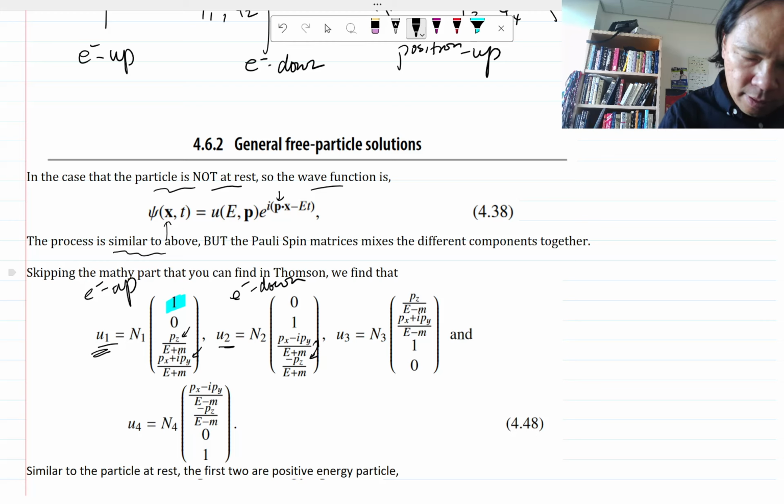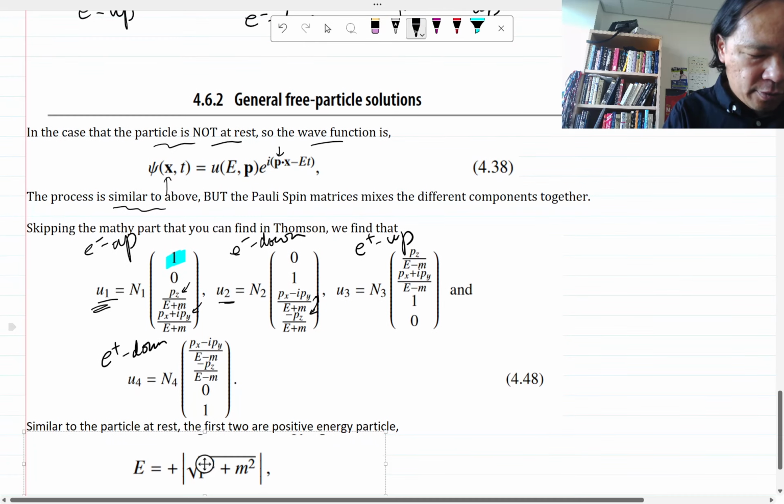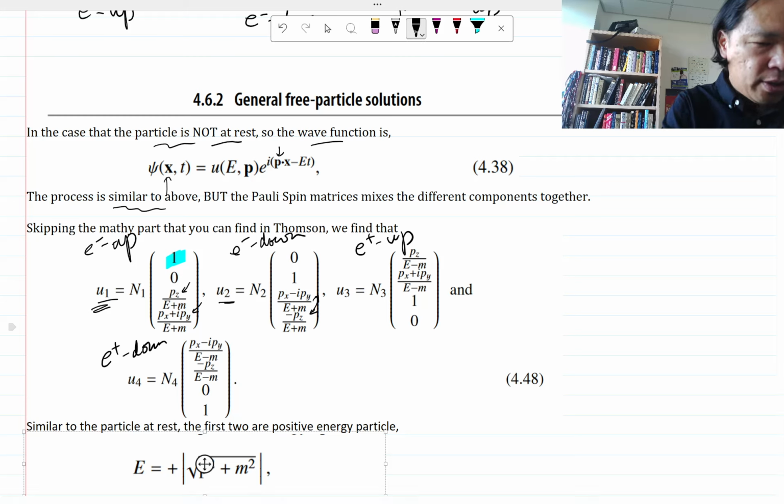And then once again, u3 is going to be the anti-electron, also known as a positron, with spin up. And then u4 is an anti-electron with spin down. Notice that I think I gave this in your homework: if you take the momentum to be 0, it actually reduces back to the particle at rest solution. Okay.